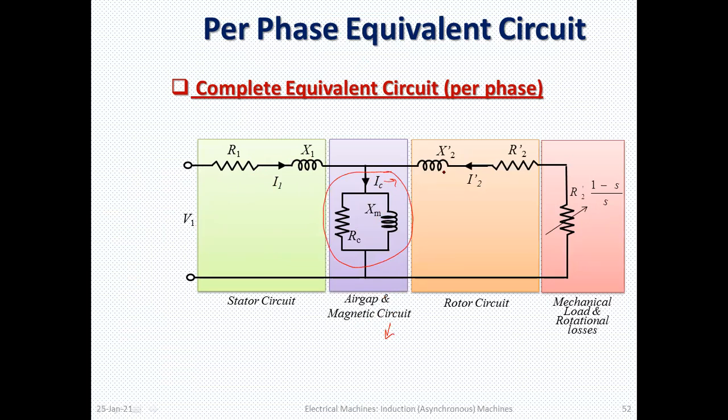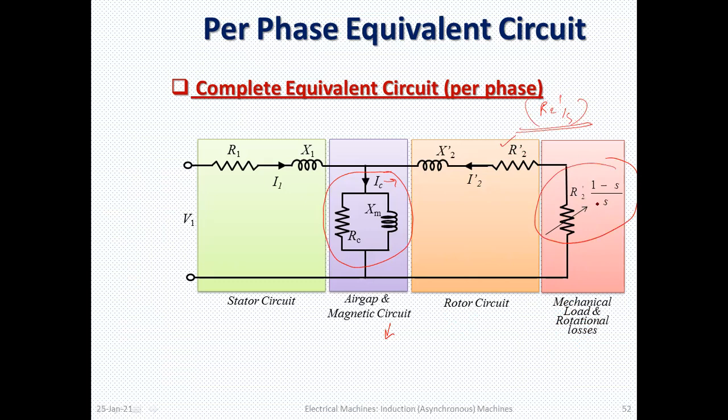Here we can also see this is the rotor equivalent circuit, X2 dash and R2 dash referred to the stator side, and this whole portion is called mechanical loading. That is why R2 dash by S has been broken into two parts, R2 dash and R2 dash multiplied by 1 minus S by S. So this part is called mechanical load and rotational loss component.